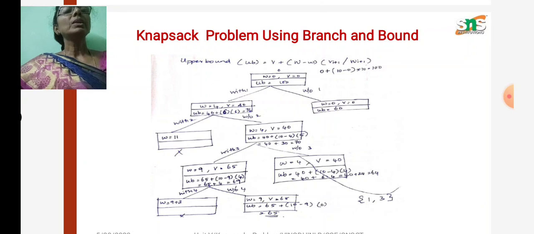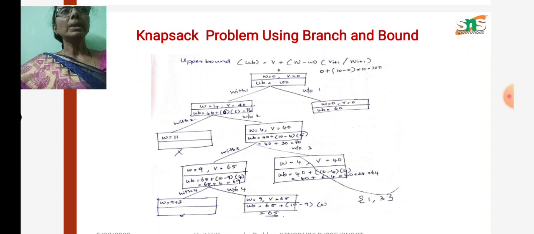From these two calculations we conclude that the highest upper bound is with item 1, so we proceed at that level.